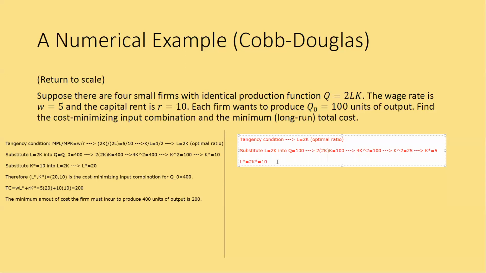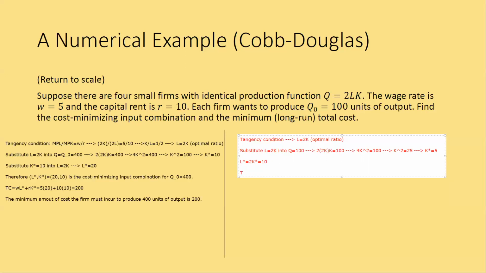So for each small firm to produce 100 units of output, going through the very similar steps we did previously, we can find that the cost minimizing input combination for each of the small firms is 5 units of capital and 10 units of labor.